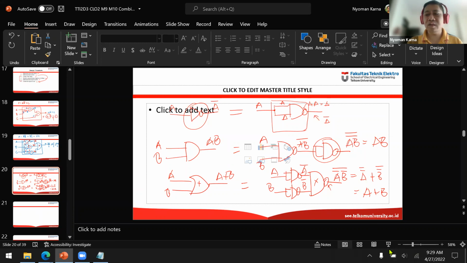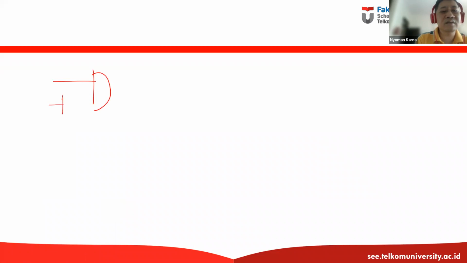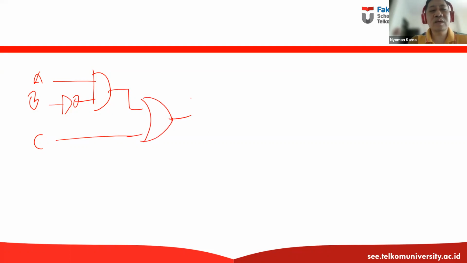Based on this substitution, now let's try to recreate the logic circuit of this. This is A, B, and then this is C, but using only NAND gate. Okay, so in here we have an inverter. So we're going to have something like this.